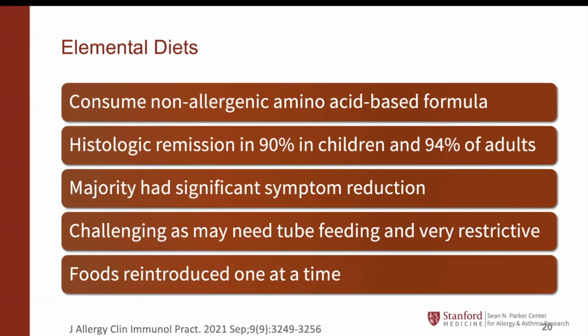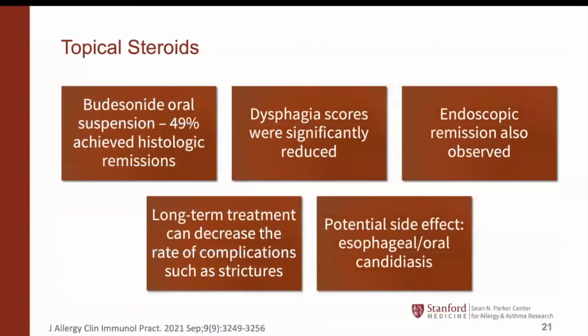And we eventually do try to reintroduce foods one at a time. And again, this is also a challenging diet because it's very restrictive. And sometimes, if large amounts of tube feeding is required or feeding is required with the formula, we might need to put in a feeding tube. And so, again, there are advantages and disadvantages to elemental diets as well.